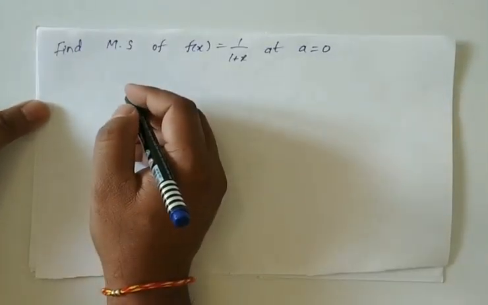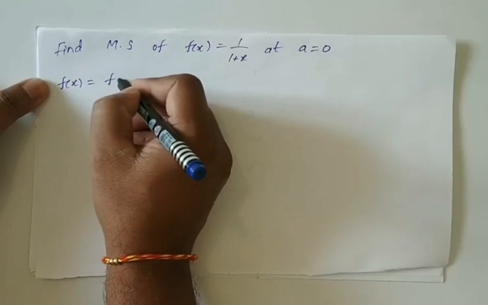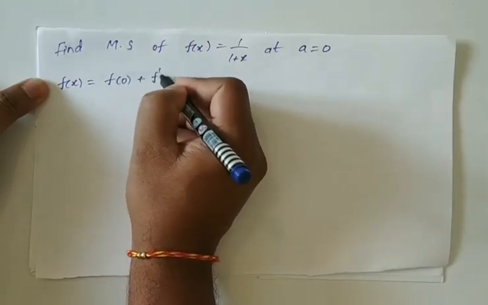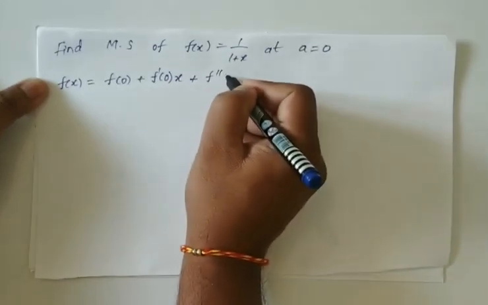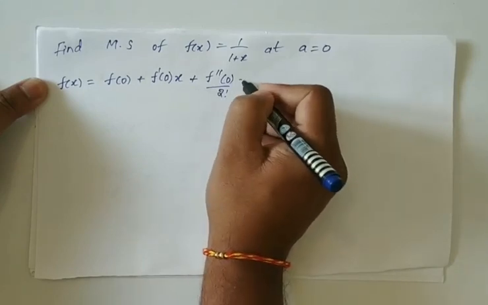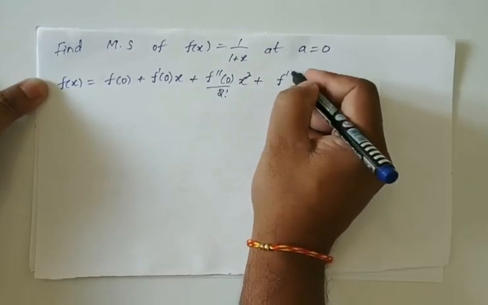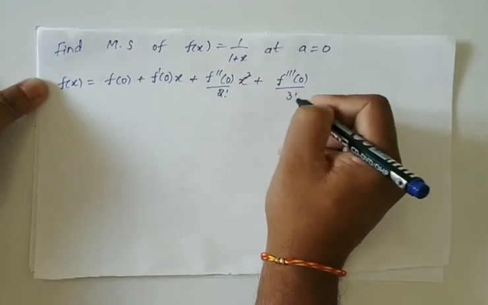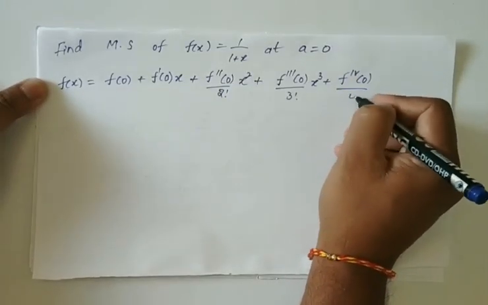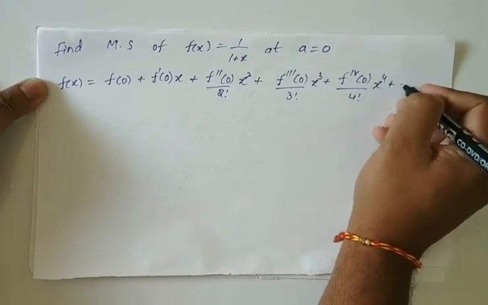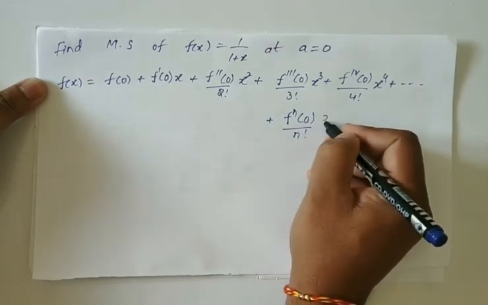First, write down the Maclaurin series formula: f(x) = f(0) + f'(0)x + f''(0)/2! x² + f'''(0)/3! x³ + f⁗(0)/4! x⁴ + and so on, plus fⁿ(0)/n! xⁿ.